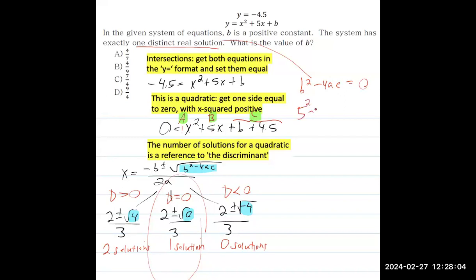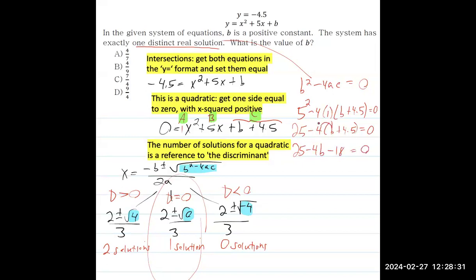5 squared minus 4 times 1 times (b plus 4.5) equals 0. 5 squared is 25 minus 4 times 1. And now we're distributing the 4. 25 minus 4b minus 18 equals 0.